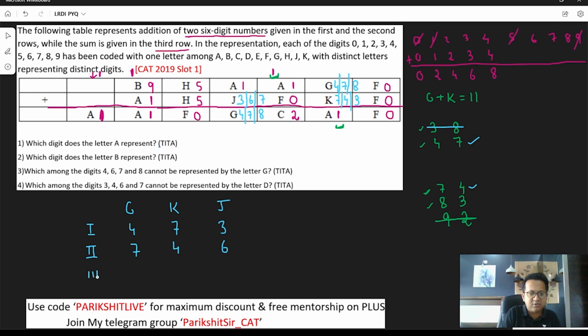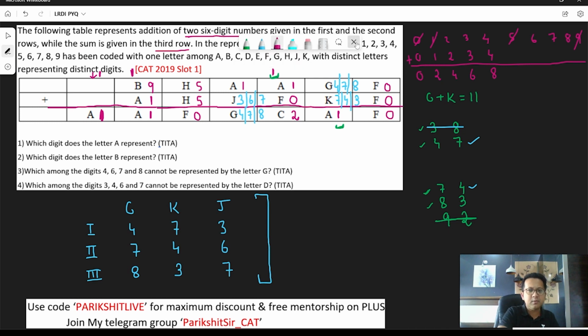And in scenario 3, we had G as 8, K as 3, and J as 7. So these were the three possibilities for G, K, and J. Correct? So let's look at the questions now.